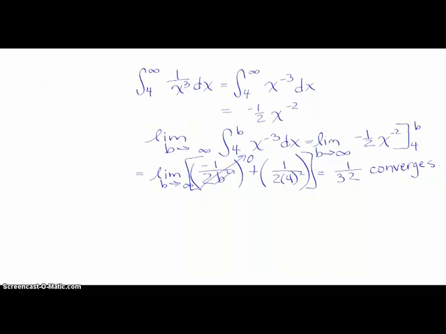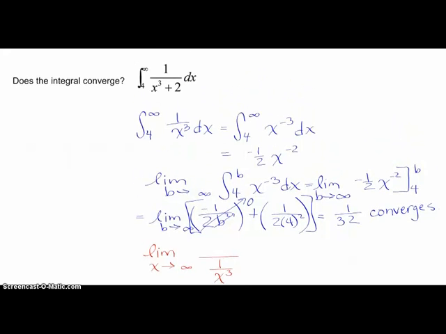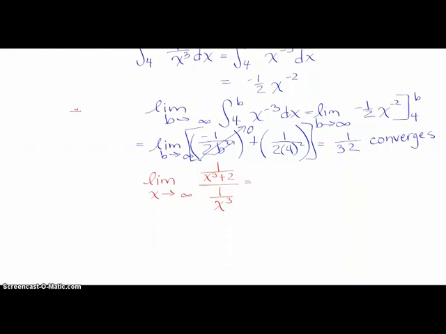And if I could plop that in a limit as x approaches infinity and put that function on bottom and my unknown function, 1 over x cubed plus 2, in the top, let's see what the relationship is.